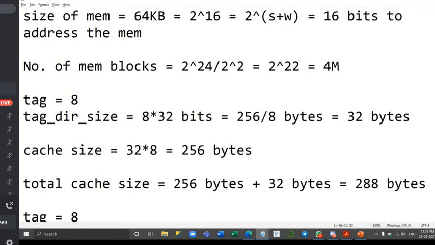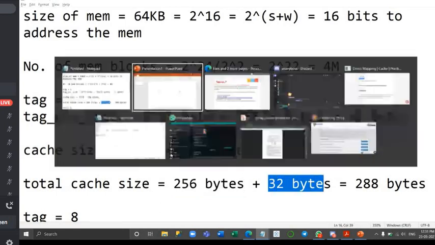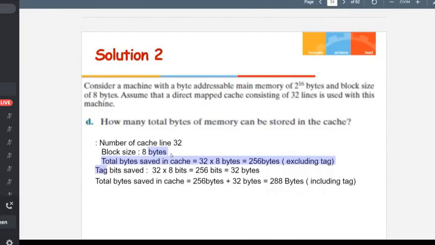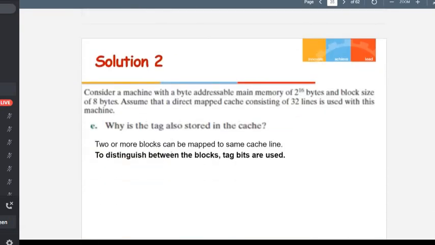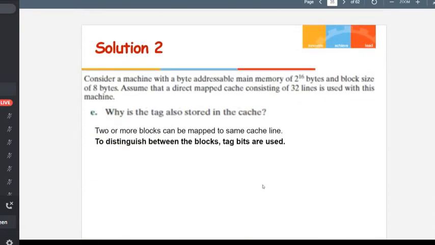So 288 bytes. The first part is excluding the tag bit, only the cache lines times the size of the cache line. Then you add the tag directory size and you get 288. And this is a descriptive question: why are the tags put in the cache?